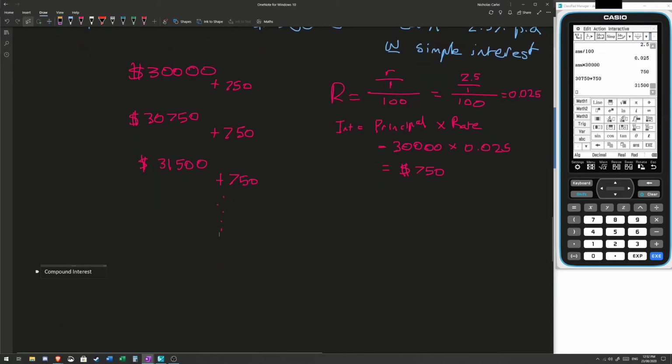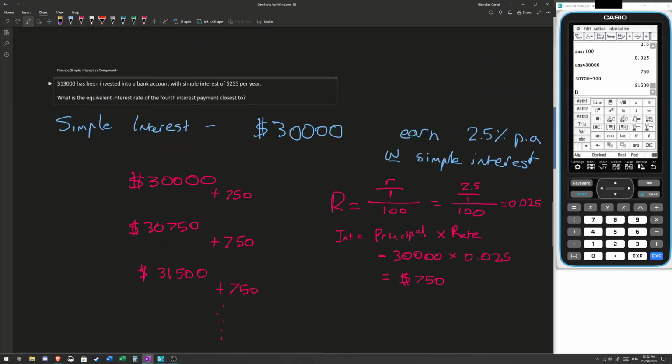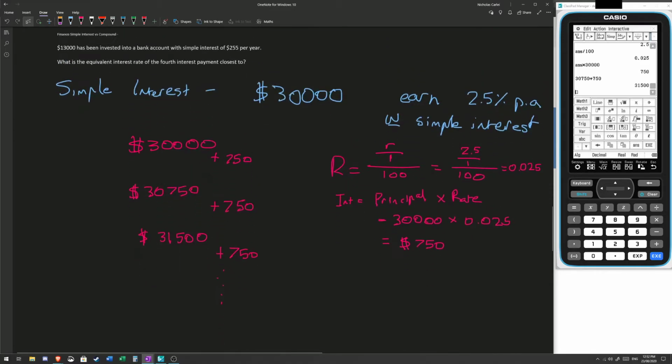That differs from compound, which we'll go over in a bit, but at the moment we'll just stick with simple because I want to go through this question up the top. Basically, every single year we're only earning $750. No matter how much we put into the account, we earn $750 in interest a year. It's not fair, it's not right, and if anyone ever offers you simple interest, turn it down.